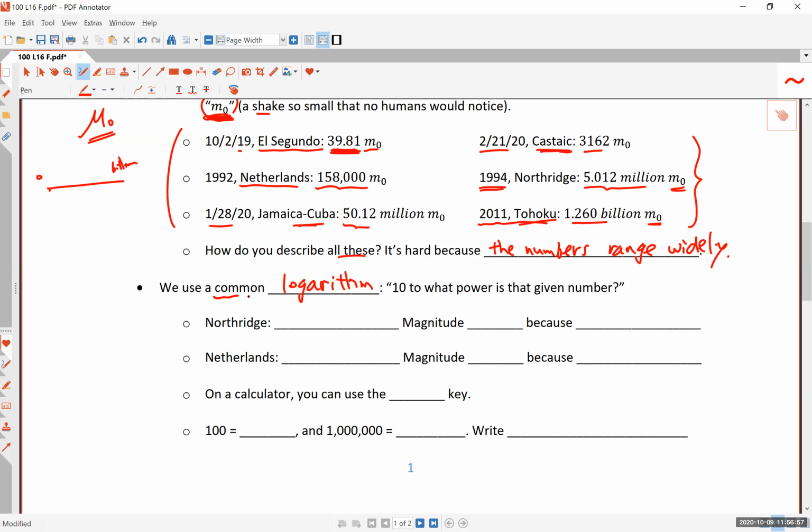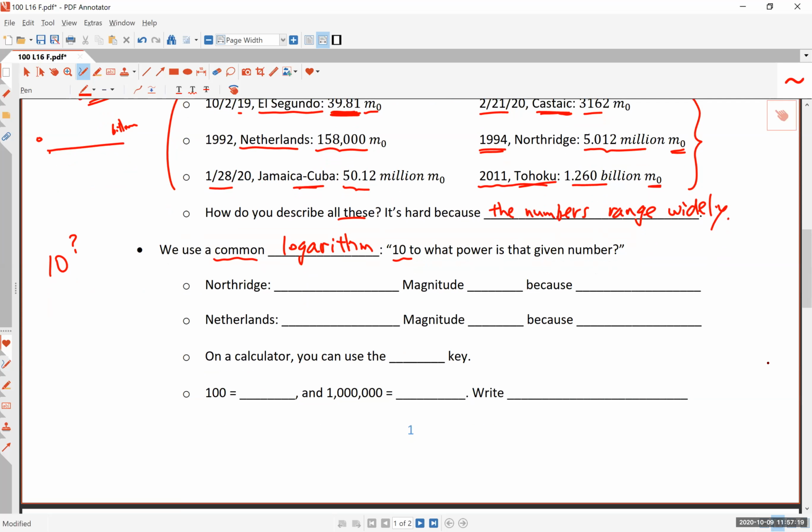But the common logarithm is the one that is based on 10. So the question is, 10 to what number is that given number? Okay, so that number is called the logarithm, or the log, the common log of this particular number. All right. So let me explain this in just a minute.